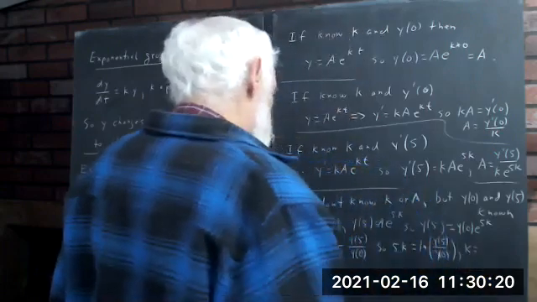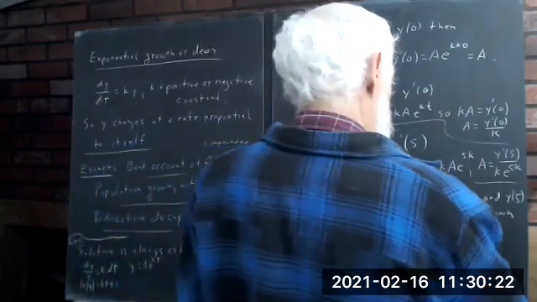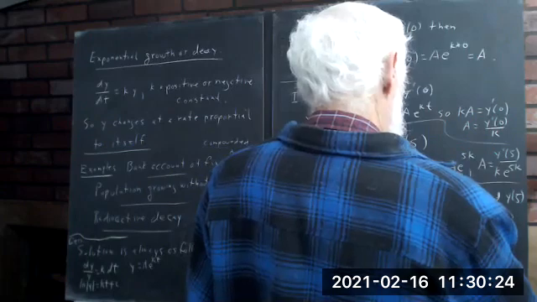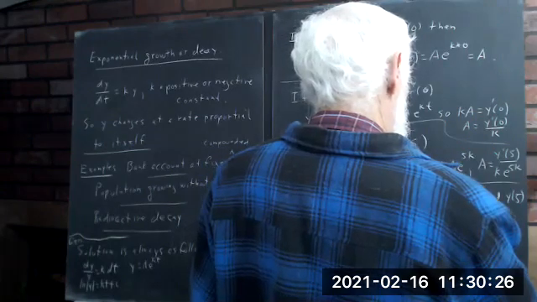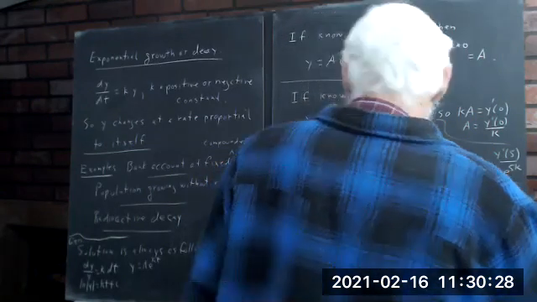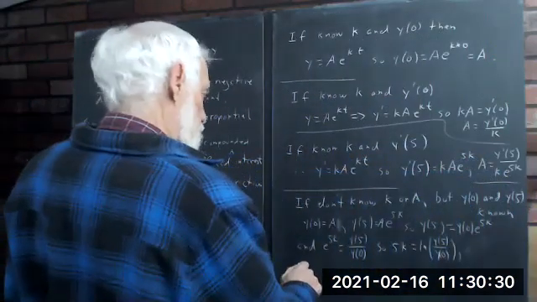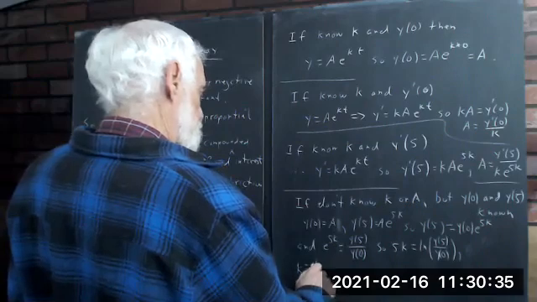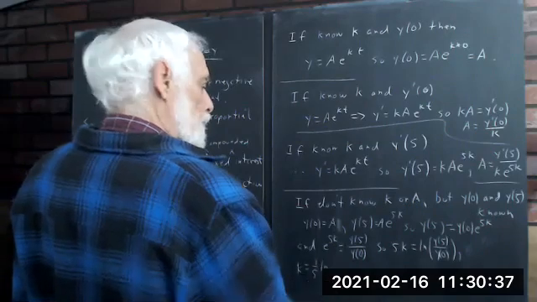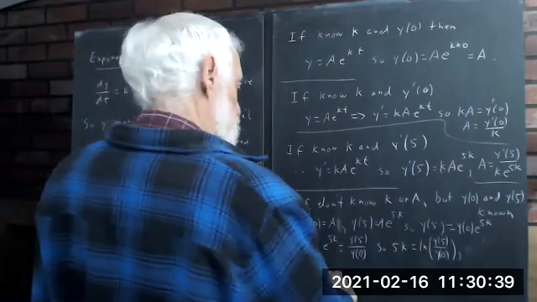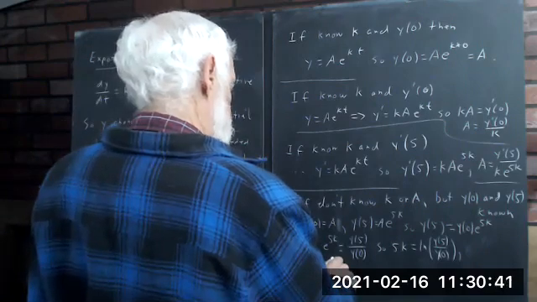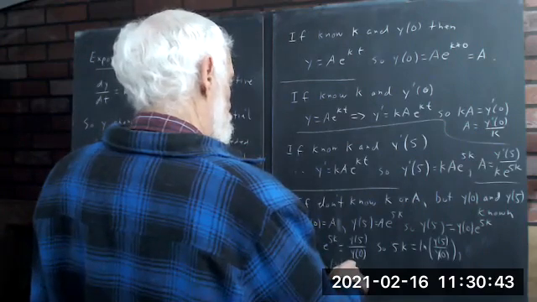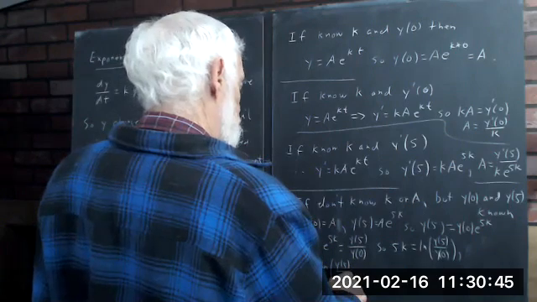And k equals 1/5 the natural log of y of 5 over y of 0.